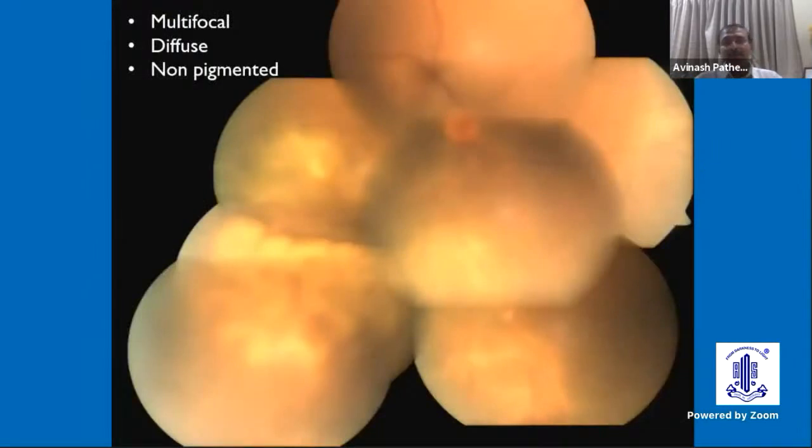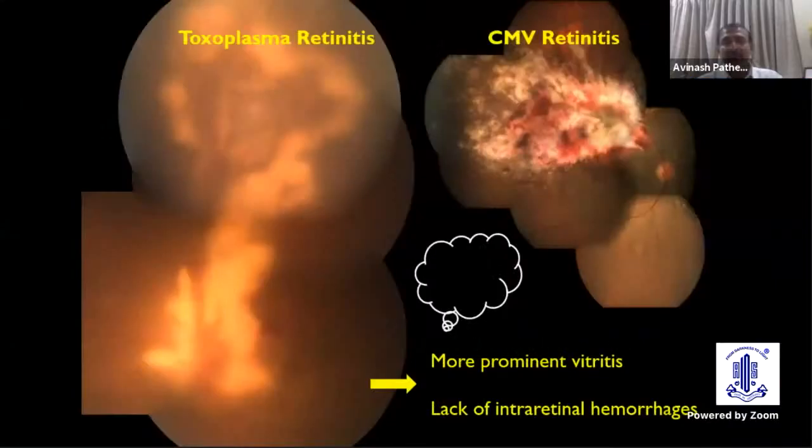The next point is that sometimes in immunocompromised patients, they can be multifocal, and like I told you, it's extensive, and they are usually non-pigmented. Having spoken about necrotizing retinitis in immunocompromised patients, the next point is how can we differentiate it from cytomegalovirus retinitis, because even that can manifest as a necrotizing retinitis.